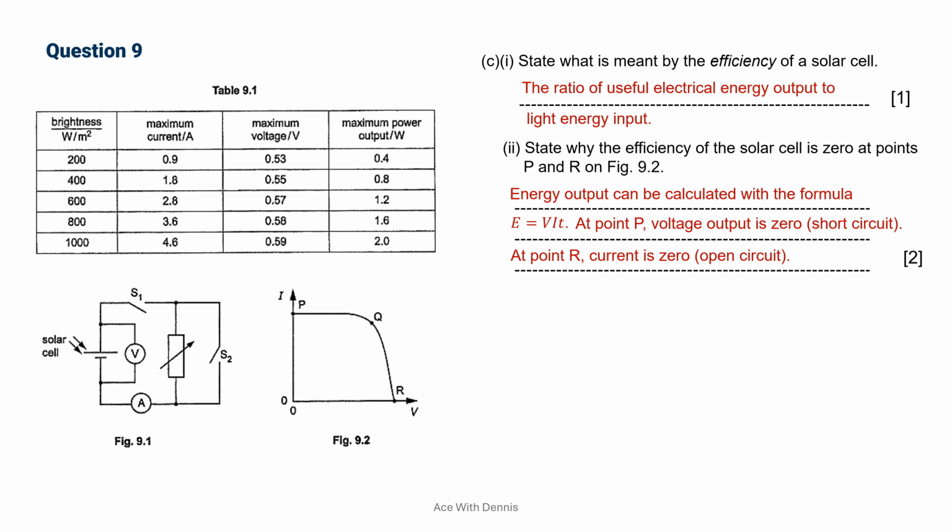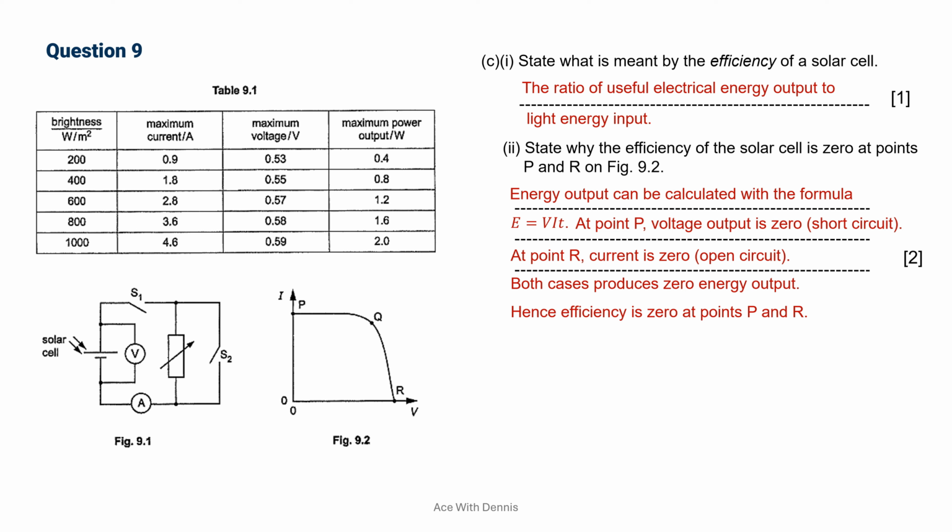At point R, current is 0 because it is open circuit. So in the formula E equals VIT, whether V is 0 or I is 0, both cases will give you 0 energy. So both cases produce 0 energy output, and hence efficiency is 0 at point P and point R.